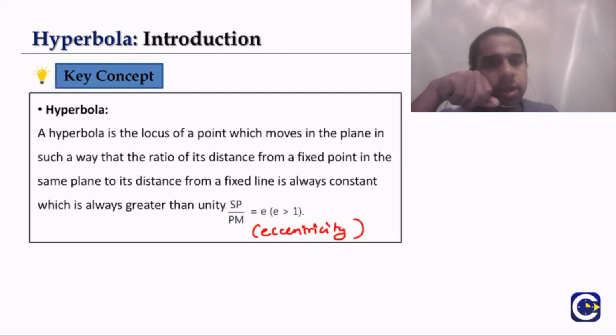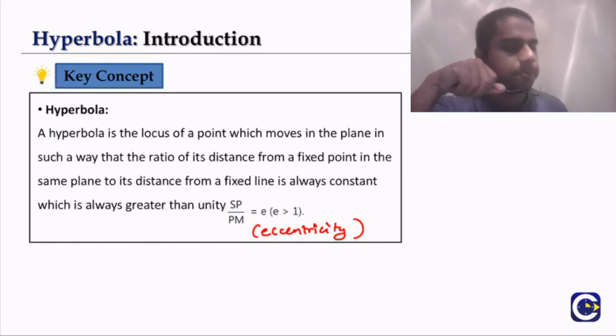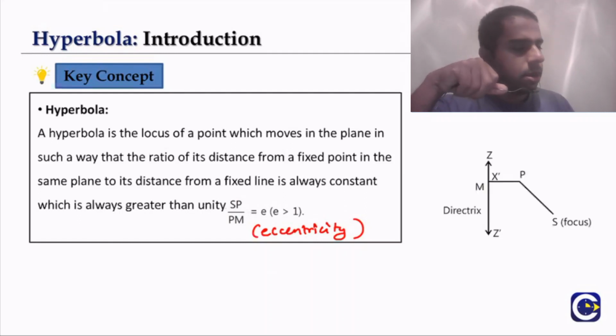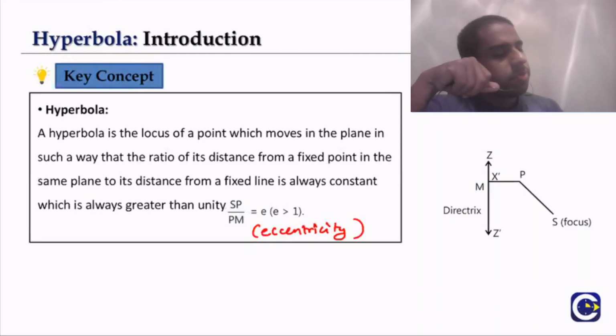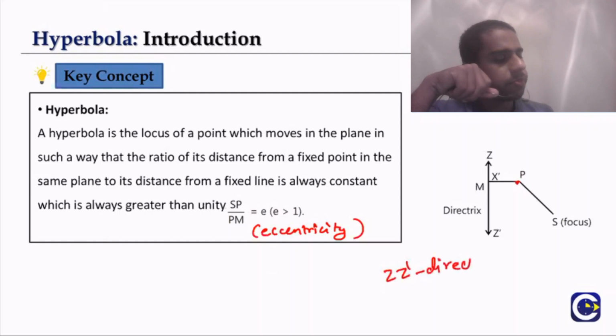The locus of a point is nothing but a collection of points which moves in the plane in such a way that the ratio of its distance from a fixed point in the same plane to its distance from a fixed line is always constant, which is always greater than unity. Now you can see this. This P is the point on the hyperbola, and this Z dash is the directrix. Yes, this is the focus point.